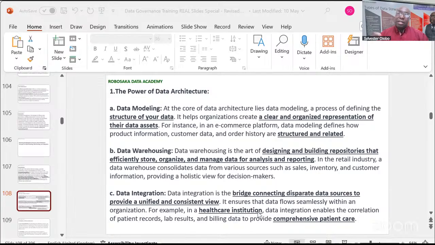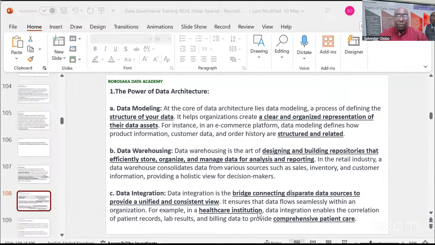You can get data from websites or the internet, from your Excel, from different databases, and then you unify them together and carry out how they should be looked into, so that they are consistently well viewed. So this ensures that data flows seamlessly within the enterprise.